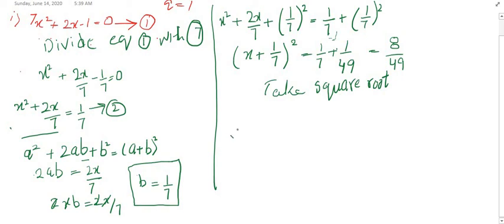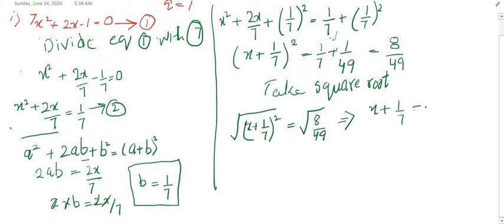What is the answer? x plus 1 by 7 equals to, the square root cancels, square root of 8 divided by 7, plus minus.